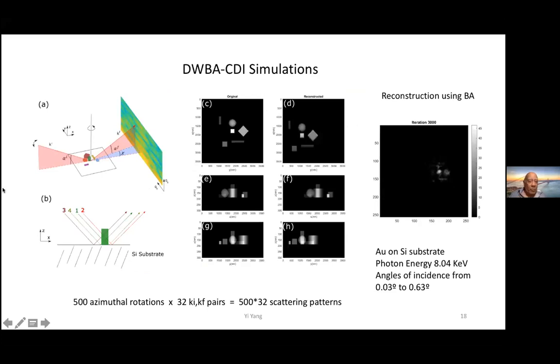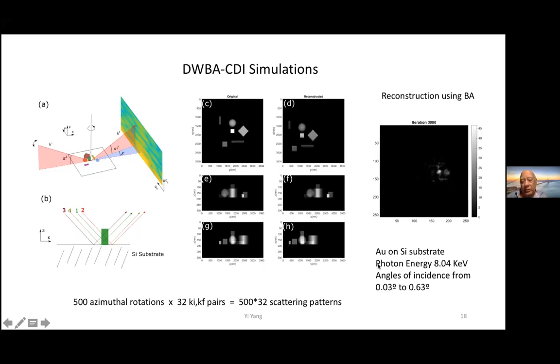So we took a bunch of objects that are different shapes and different heights and put them on a silicon surface. And we assumed they were made of gold, so they were good scatterers. And this is the GISAXS geometry. This is all simulation.